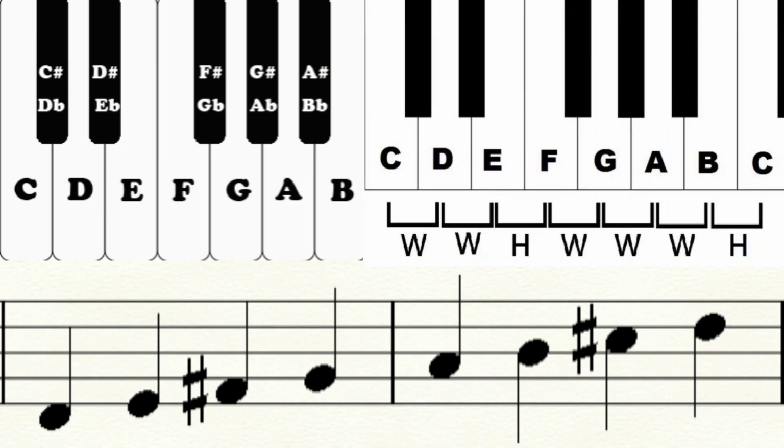So let's make a few examples of it. If we start a major scale from D, we can see there's a whole step from D to E, but there's a half step between E and F. So what we do is take F and make it half step up. So it becomes F sharp.